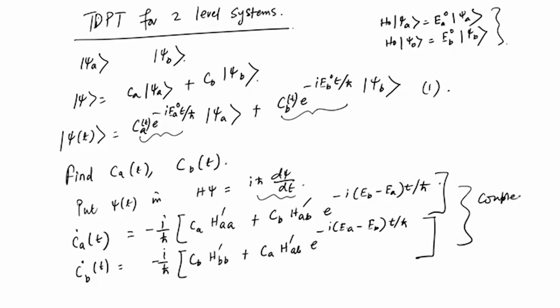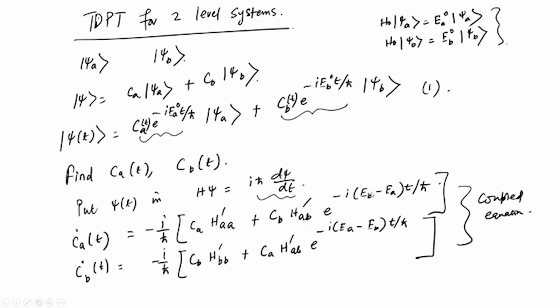This is important because the time derivative of C A requires the knowledge of C A and C B at time t equal to 0, and the same holds for C B dot, which also requires the knowledge about C B and C A at time t equal to 0, and these energy terms are there, which are the energy differences.